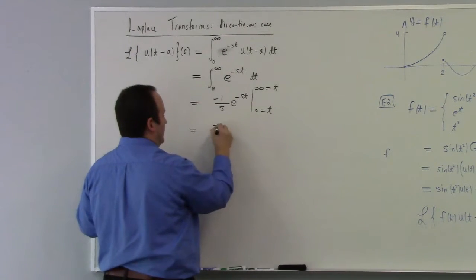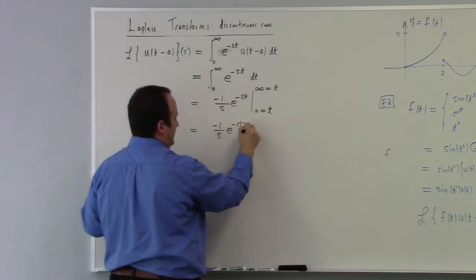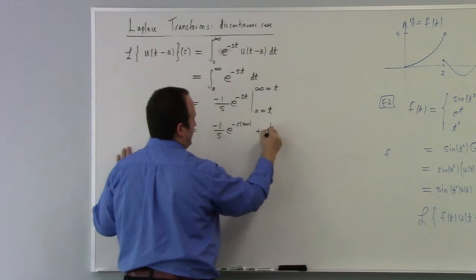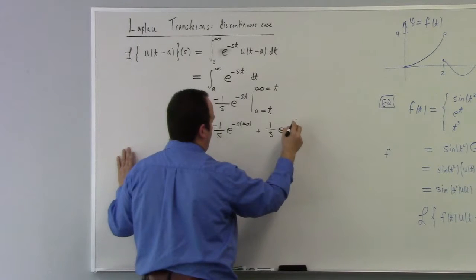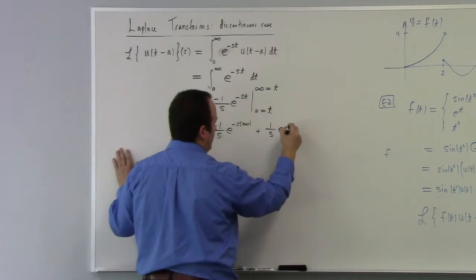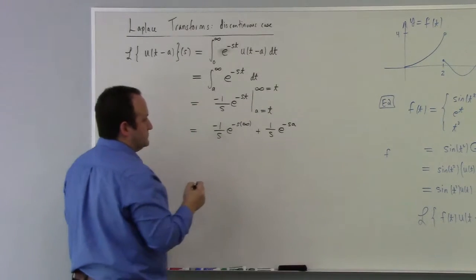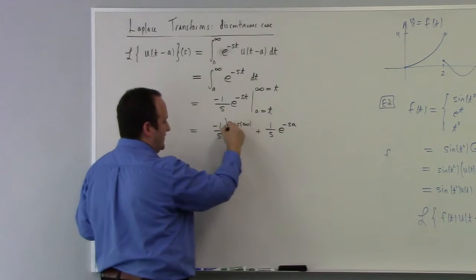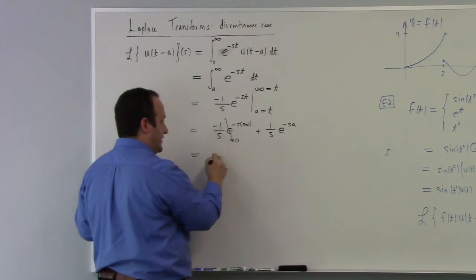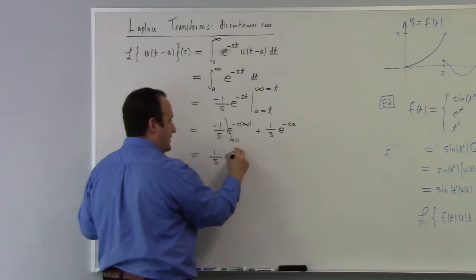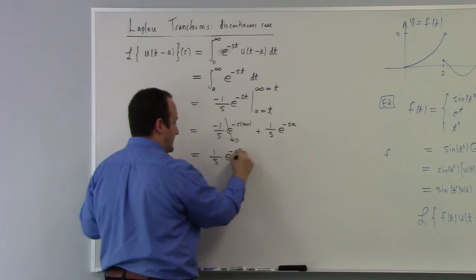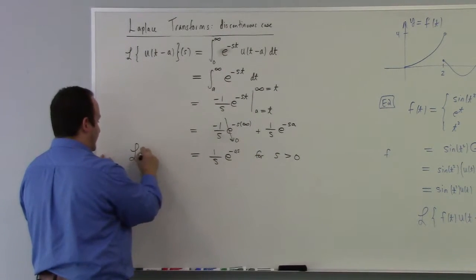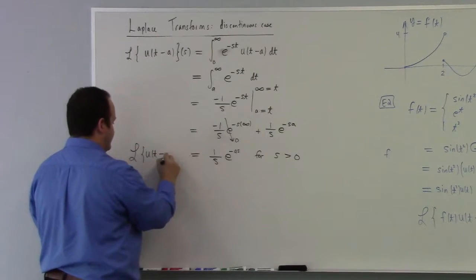Minus 1 over s e to the minus s times infinity, plus 1 over s e to the minus as. I don't need s greater than a; this drops out for s greater than 0. So I get 1 over s e to the minus as, for s greater than 0. There's another Laplace transform to add to our list.